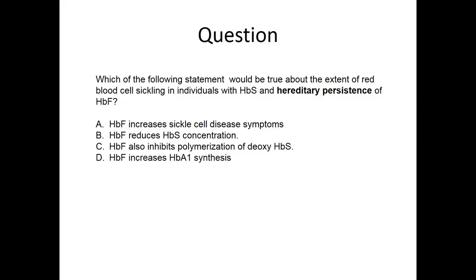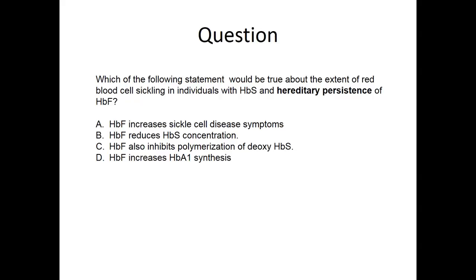Good. Because if you have hemoglobin F, you have a lot of hemoglobin that does not have the beta subunit, and the beta subunit is the one with the mutation on it. If you don't have a subunit that has a mutation, you have less polymerization. The gamma subunit doesn't have the mutation. It's the beta subunit. So F doesn't have a beta subunit, and so it does not have the mutation, so less polymerization. Should I repeat this?